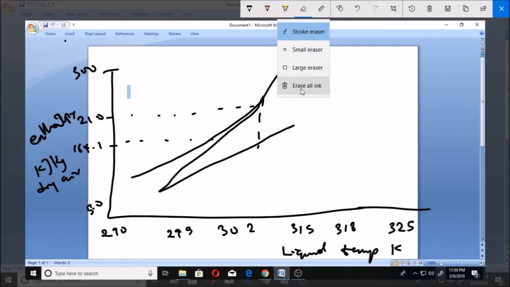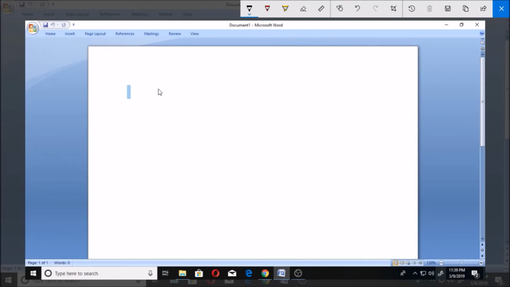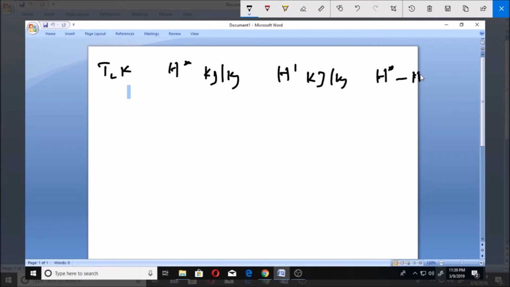Having done this and drawn the real slope, we can then have our table of TL, H prime, which we are going to determine from the graph that we plotted. This is H equilibrium, this is H prime, all in the same unit. Then finally we have the inverse of H equilibrium minus H prime.